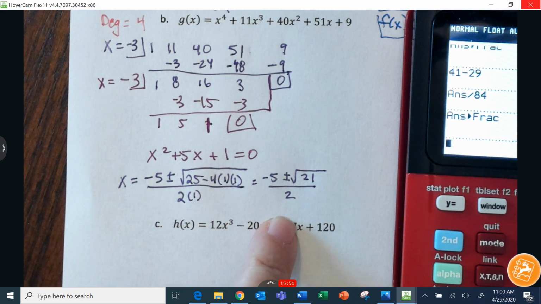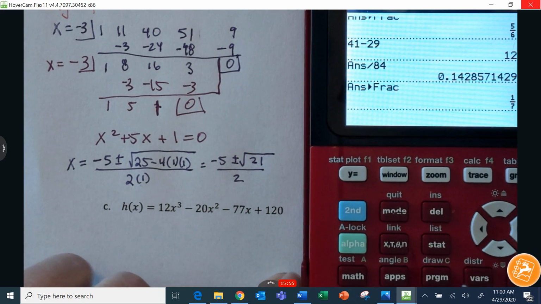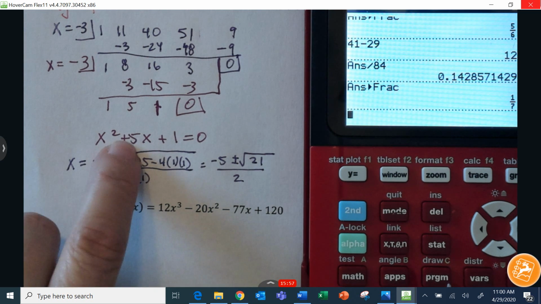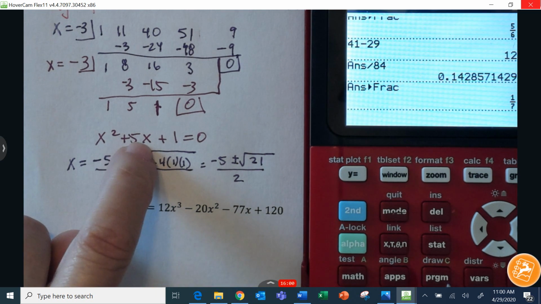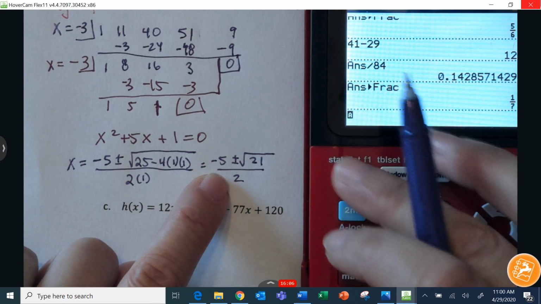So before I go any further, I'm just going to double check to make sure that that really is one of the answers. I could do it by plugging it back in and checking it that way, but to me that looks difficult. So I'm just going to find out what this answer is as a decimal.